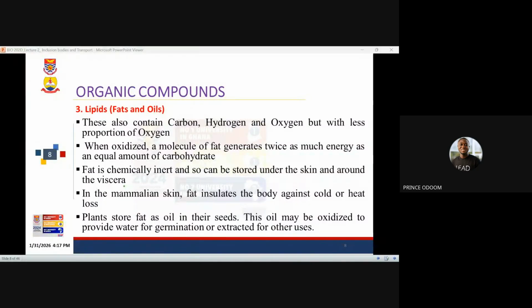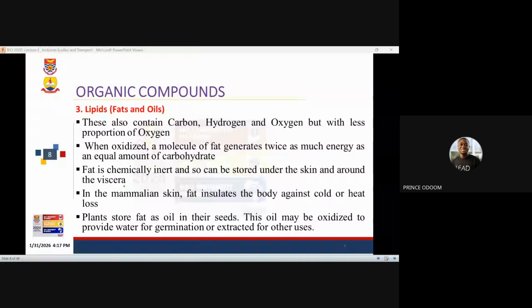Those of us who do a lot of butcher work or tend to kill animals, when you slaughter your goat in your house, you can see that most of the delicate organs have fats around them, and they have an important role. Even below the skin, they have an importance.